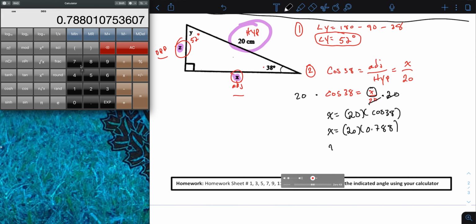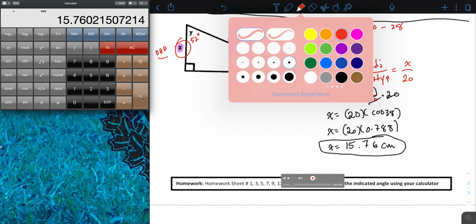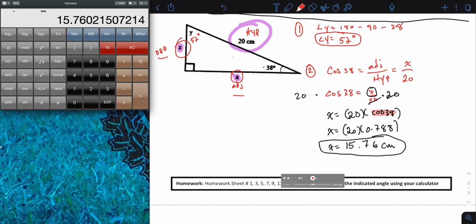So x is equal to that number multiplied by 20, so x is equal to 15.76 centimeters. There are units. Just to clarify, when you type cosine of 38 into your calculator, you will get this number out.